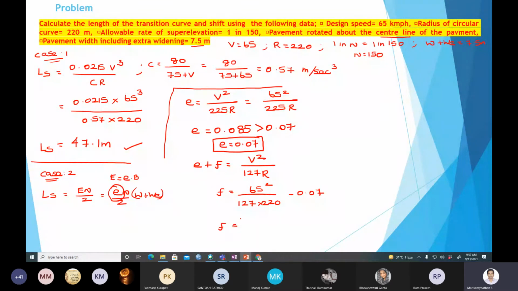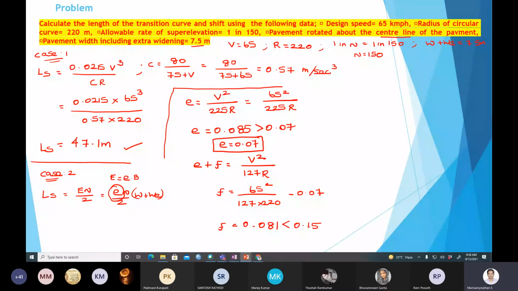So f is equal to 65 squared divided by 127 into 220 minus 0.07, and I am getting the value of 0.0812. So I am taking 0.081, which is less than 0.15.